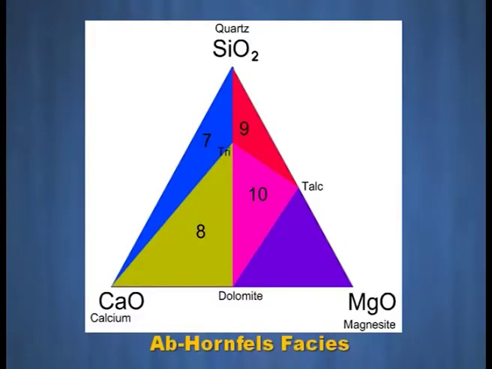These two are very important assemblages, mainly for dolomitic and calcareous marble assemblages. If impurities are there, then we can see how tremolite and talc are formed. Magnesite plus silica reacts and forms talc, that is magnesite plus quartz gives rise to talc. Another reaction is magnesite plus calcite plus silica gives rise to tremolite.